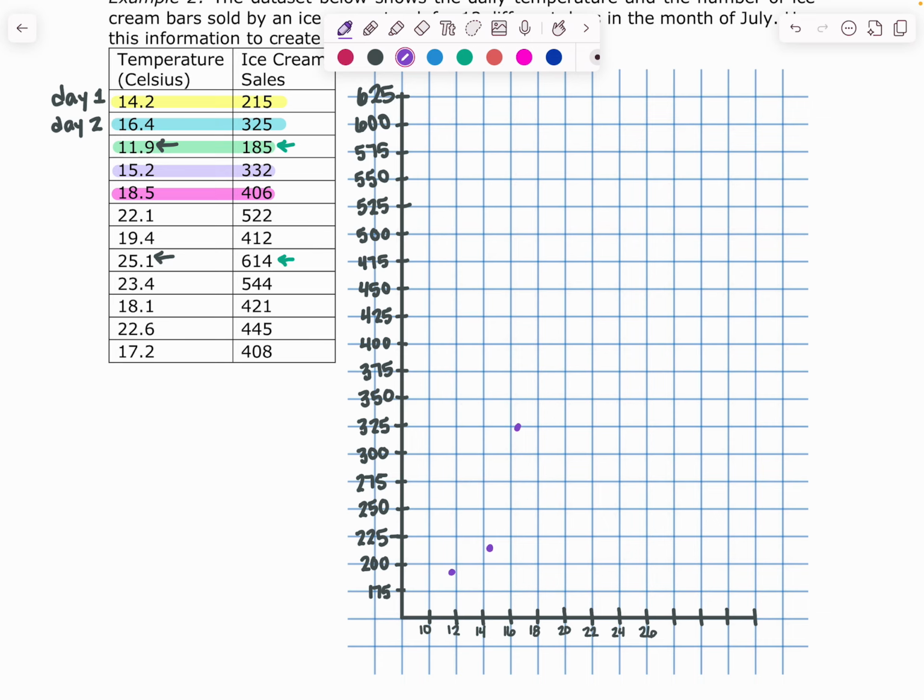15.2 and 332. 18.5 and 406. 22.1 and 522.